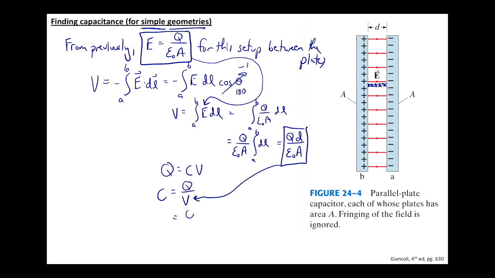So now we've got Q over epsilon naught A over Q d, and the Q's cancel. And that gives us C for a parallel plate capacitor.